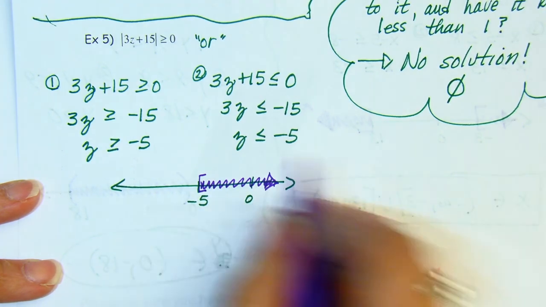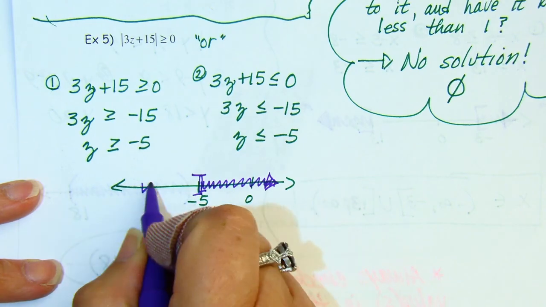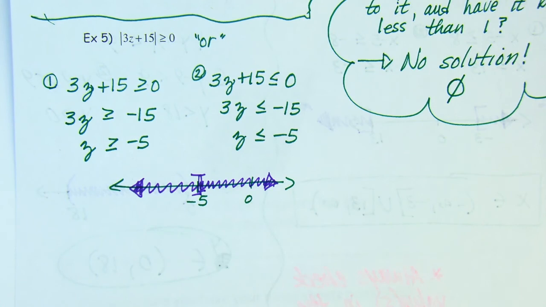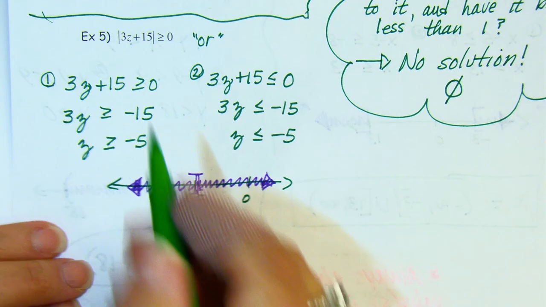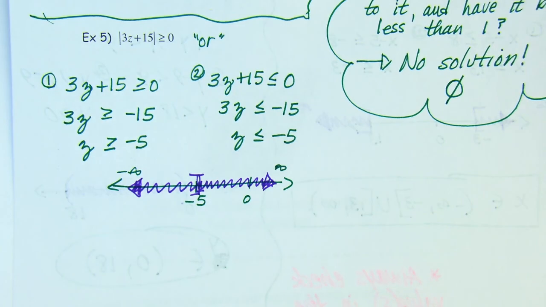And then here we're saying at negative 5, put a bracket and shade to the left. Well, isn't that really going from negative infinity to positive infinity? Again, in the original problem, is any positive number greater than or equal to 0? And you have to say, yes.